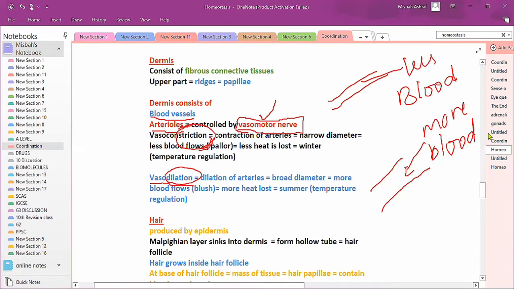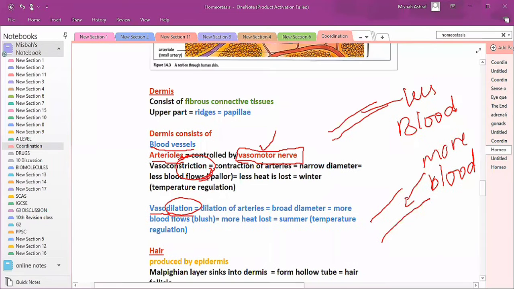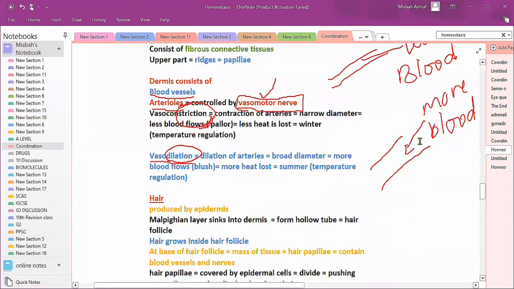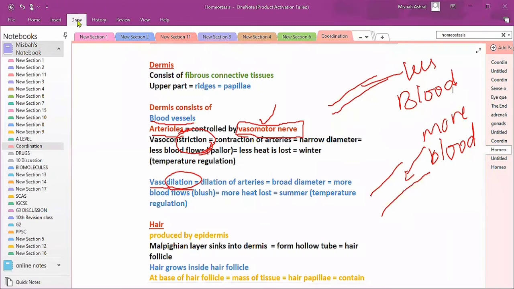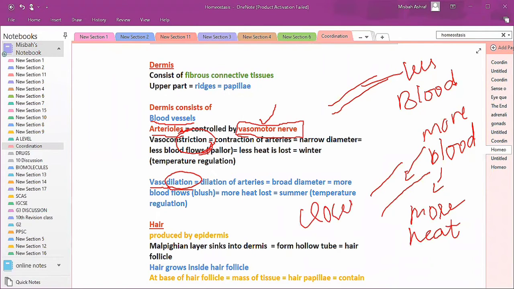Now what happens, beta, when more blood is flowing, it means more heat is actually being carried to that part of the capillaries, and that part of the blood. More blood means that more heat is flowing, as these capillaries are closer to the skin. They are closer to the skin, so more heat is actually dissipated or released from the body or removed from the body.